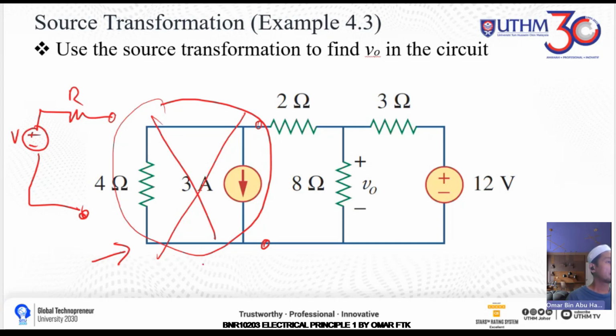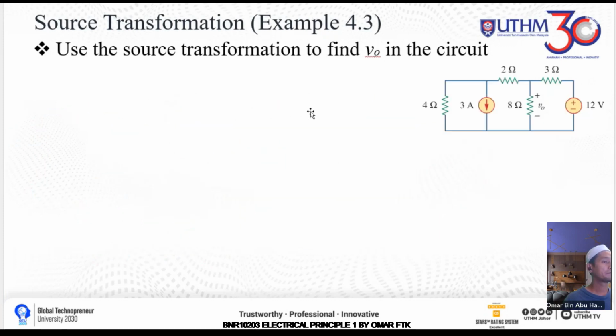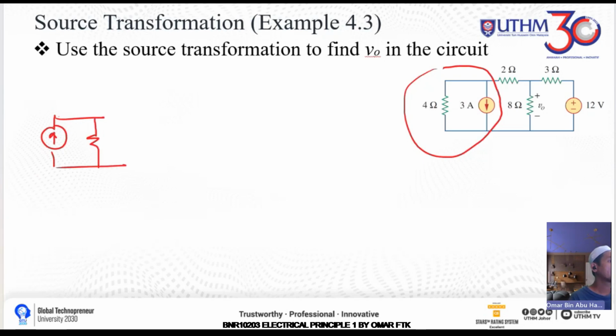Okay, so let's see how we solve this. All right, let's have a look now. In this circuit, we want to change the current source that is in parallel with the 4 ohm, 3 amp, and replace it with a voltage source V and then a resistor.